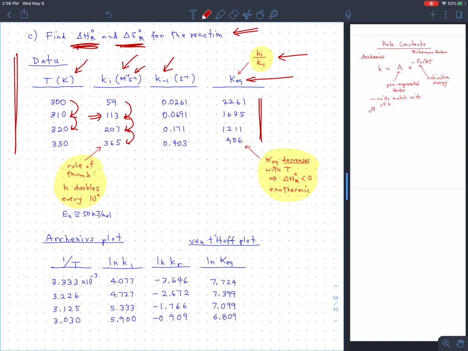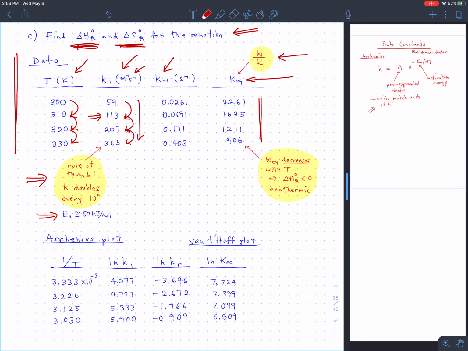And if I change it by still another 10 degrees, it about doubles again. That's the rule of thumb that many experimentalists go by. If you change the temperature of a reaction by about 10 degrees, it about doubles the rate. Now, that's only true if your energy of activation is about 50 kilojoules per mole. If it's much bigger than that, then you'll get a bigger change for every 10 degree step.